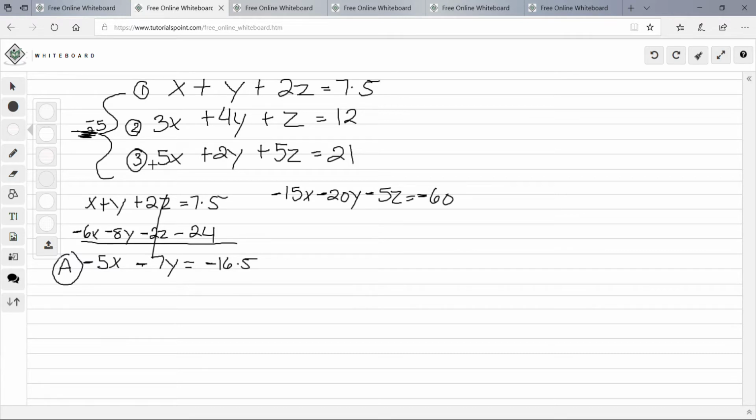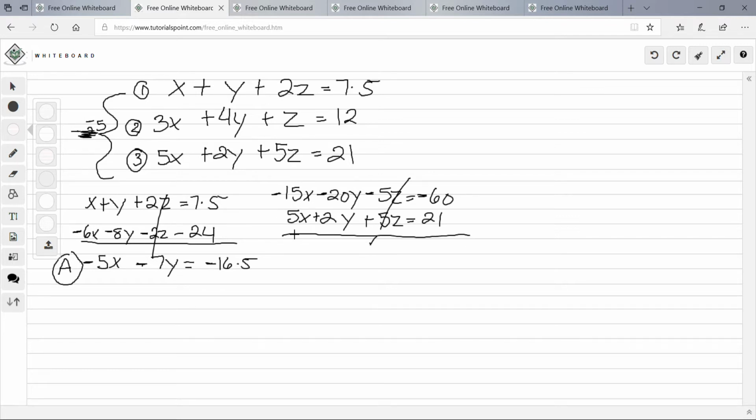Now I'm just going to bring down equation number 3. So it's going to be 5x plus 2y plus 5z equals 21. If we add these, the z's cancel.